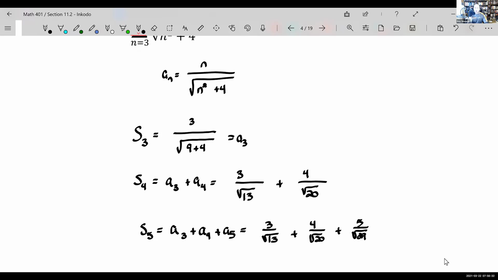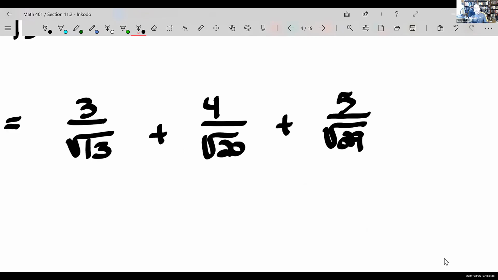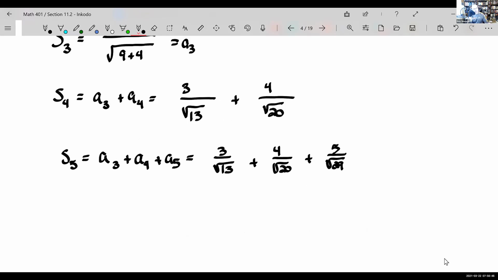Now, I don't know about you, but since things are not canceling here, it doesn't look like it's going to be easy to find, if this converges, what it converges to. So this, because it's not telescoping, in other words, things don't collapse down and cancel each other out, it's very challenging to see what this would converge to if it converged.